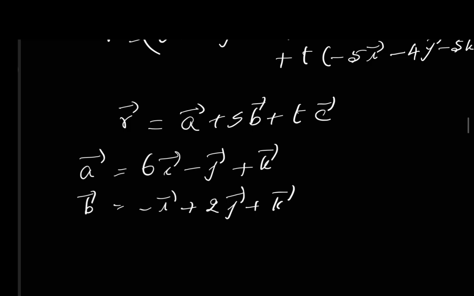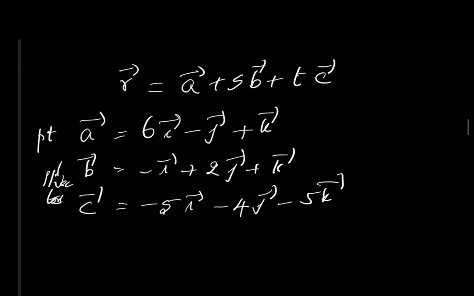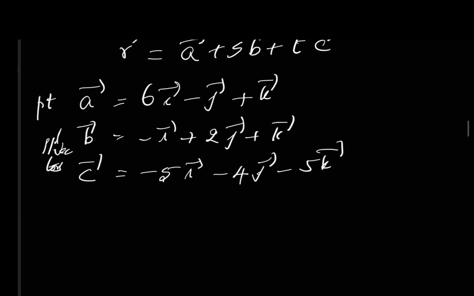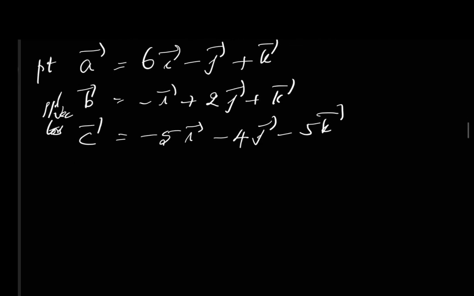Then another parallel vector is vector C, minus 5i minus 4j minus 5k. So this is a point, and these two are parallel vectors. So they are already given in the parametric form. Now we have to find the non-parametric form and also the Cartesian form.